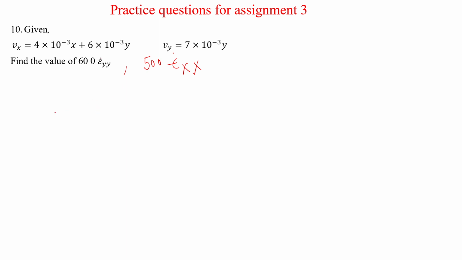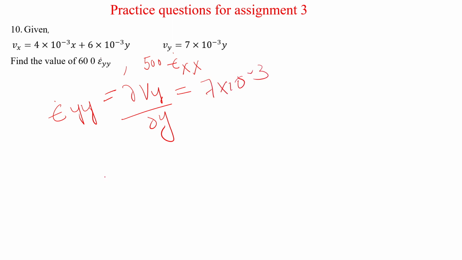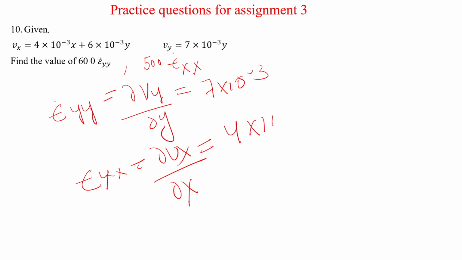Okay. So how to find epsilon yy? It is del vy upon del y, right? So you will differentiate it. How much will it come? 7 to the power minus 3. Similarly, epsilon xx is how much? Del vx upon del x. Differentiate this vx with respect to x. You will get 4 into 10 to the power minus 3. Then multiply this with 600 and this with 500. Your answer will come. Right?